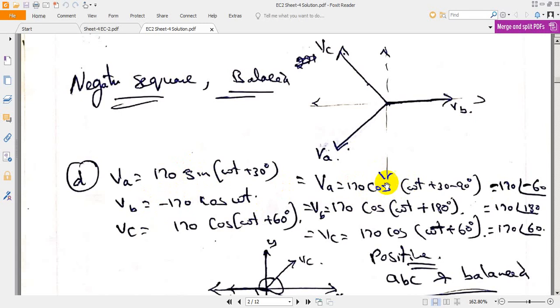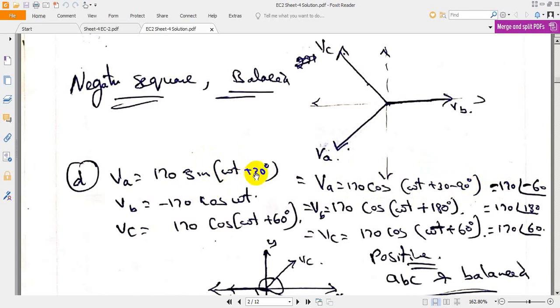Sine can be converted to cosine by adding minus 90 to the given function. So 170 cos of minus 90, the value of cos minus 90 and sine 0 will be same.